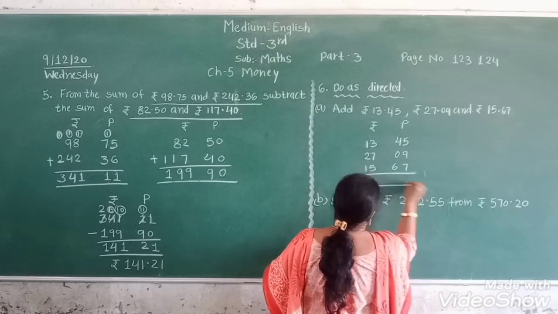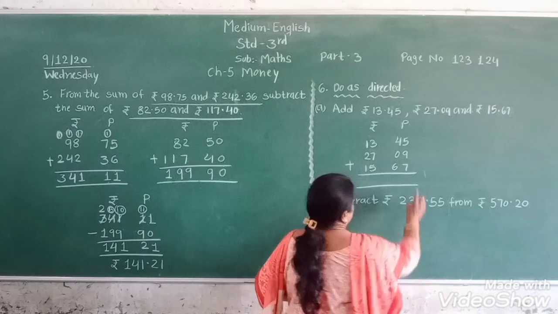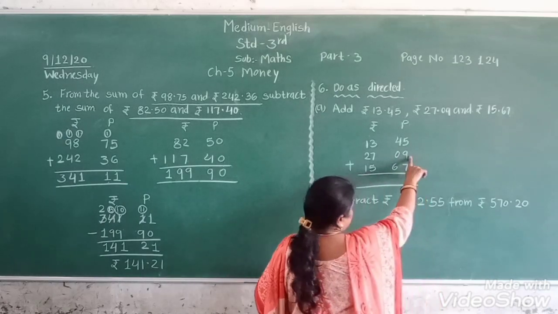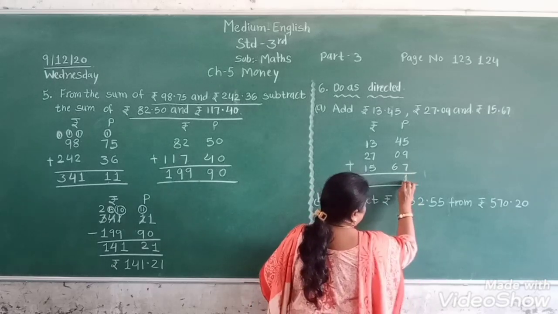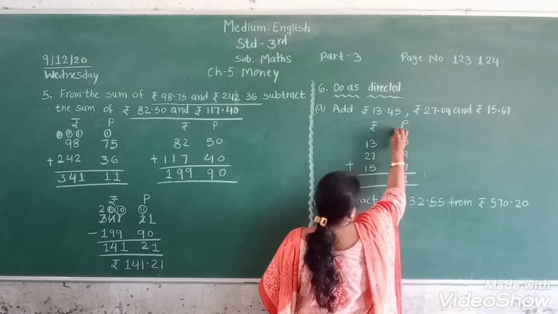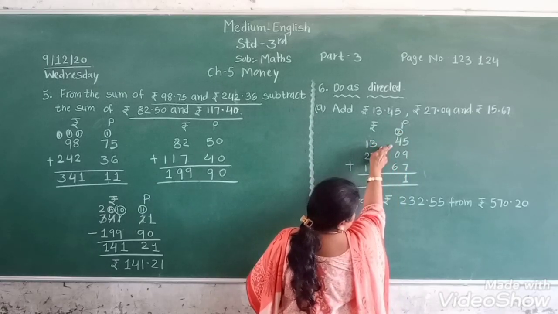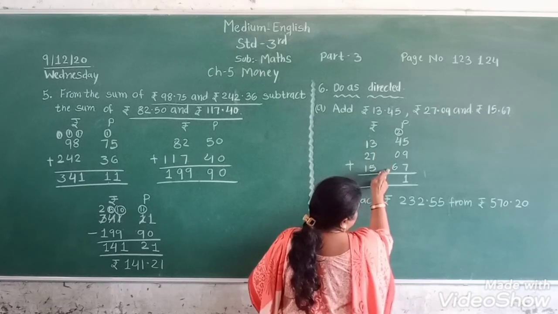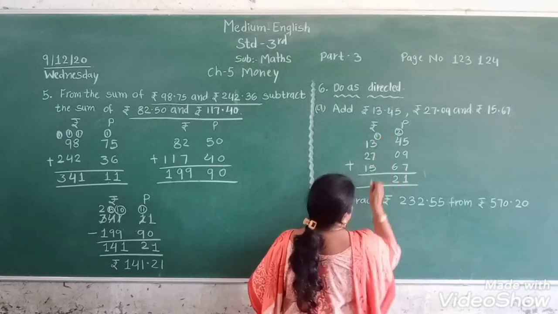Now we will add this money. 5 plus 9, 14, 14 and 7, 21, 1 right here, 2 carry over, 2 and 4, 6, 6 and 6, 12, 2 right here, 1 carry over.